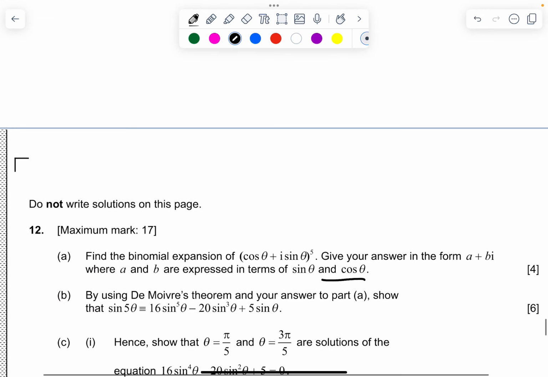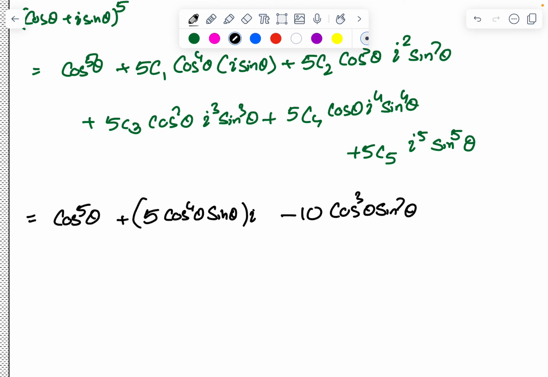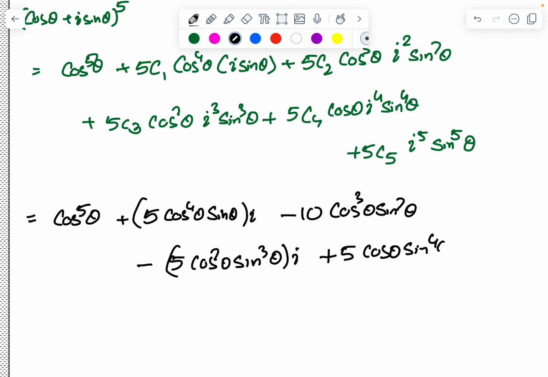Cos power 5 theta plus 5 cos power 4 theta sin theta times i, then minus 10 cos cube theta sin square theta, minus 5 cos square theta sin cube theta i, then plus 5 cos theta sin to the power of 4 theta, then plus i sin to the power of 5 theta.